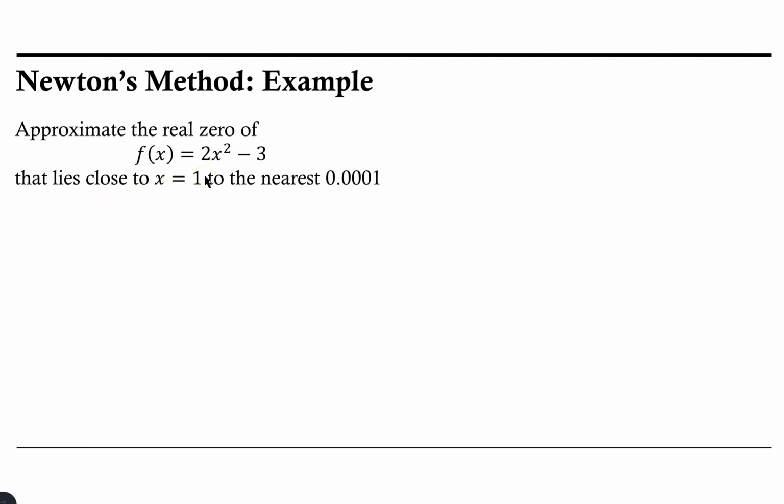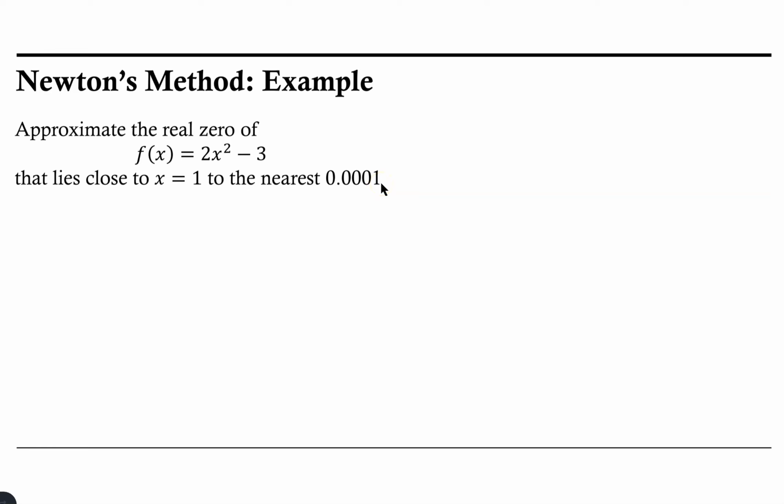So for Newton's method, we need the function. We're trying to approximate the real zeros of this function that lie closest to x equals 1, and we want our approximation to be accurate to basically the 4th decimal place.